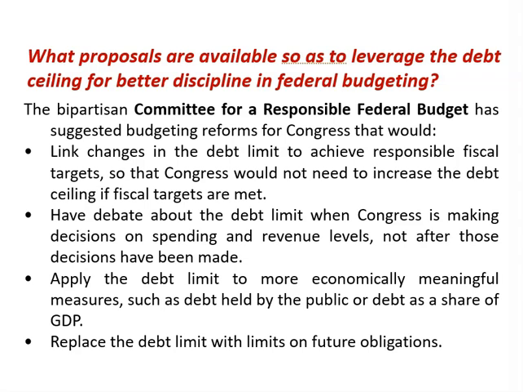Have a debate about the debt limit when Congress is making decisions on spending and revenue levels, not after those decisions have been made. 3. Apply the debt limit to more economically meaningful measures, such as debt held by the public or debt as a share of GDP. 4. Replace the debt limit with limits on future obligations.